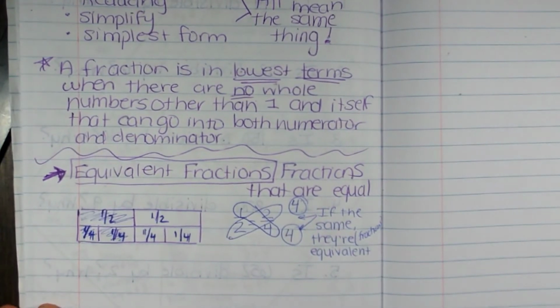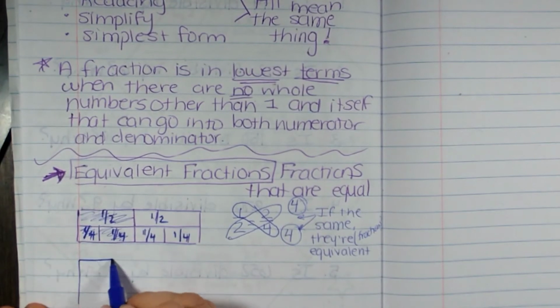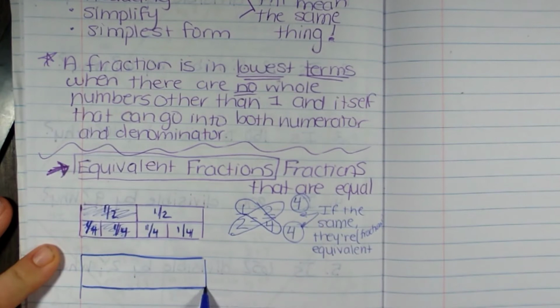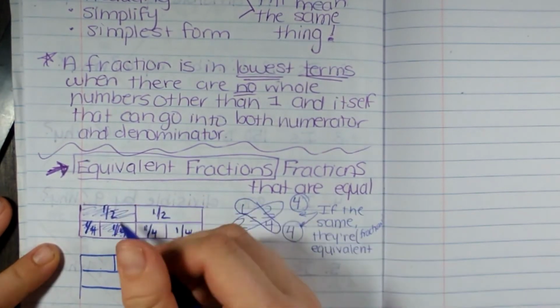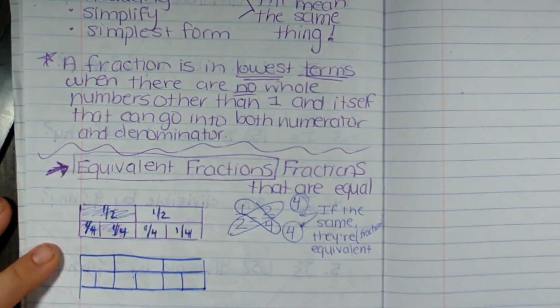So let's do another one. I'm going to draw, let's see here. Okay, so this would be one, I have 3 pieces, so 1/3, 1/3, 1/3. This would be 6 pieces, 1/6, 1/6, 1/6, 1/6, 1/6, 1/6.